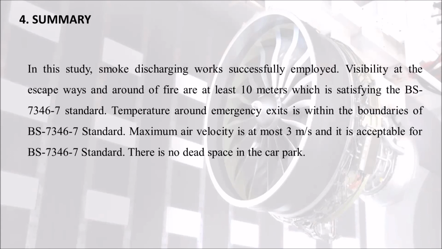And also, related to the temperature around the emergency exit, we can say it is within the boundaries of these international standards. Again, if you look at the air velocity, it is at most 3 meters per second if you look at the velocity graph. And also we can say it's acceptable for the international standard.